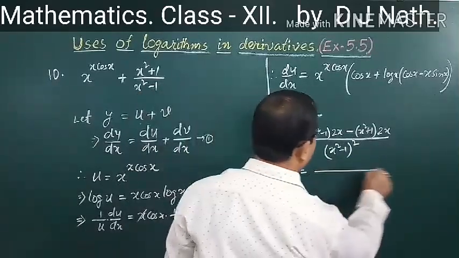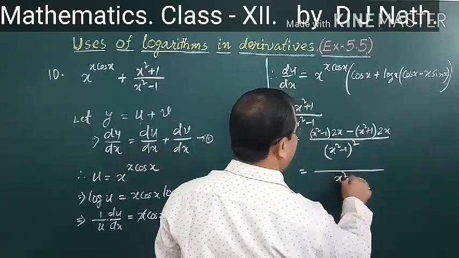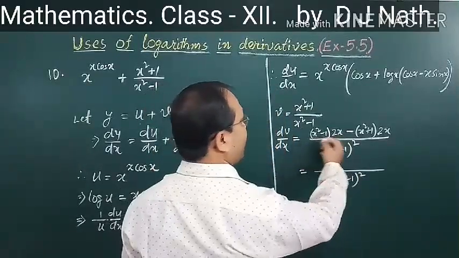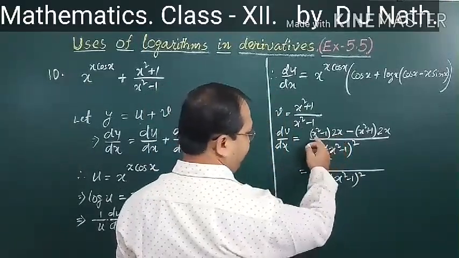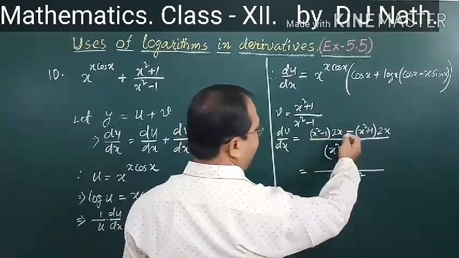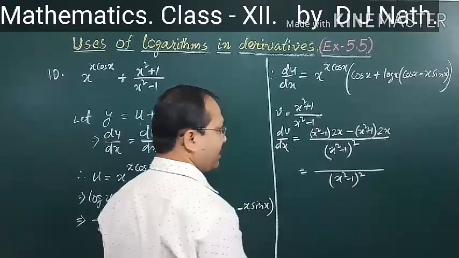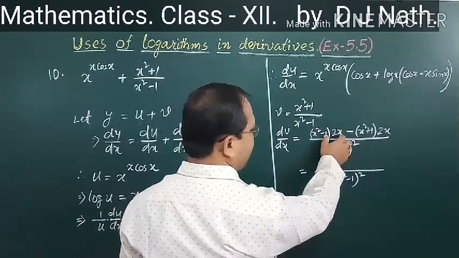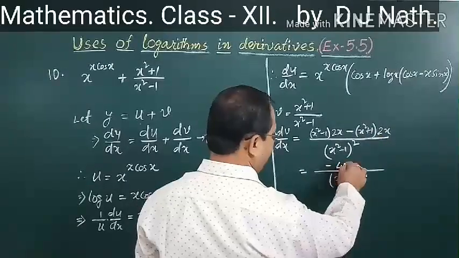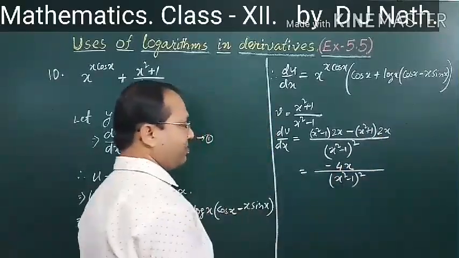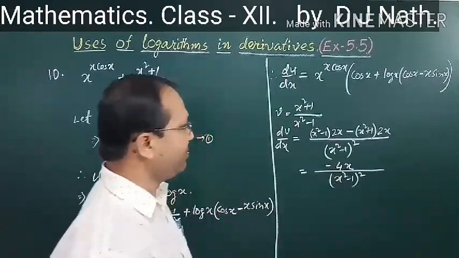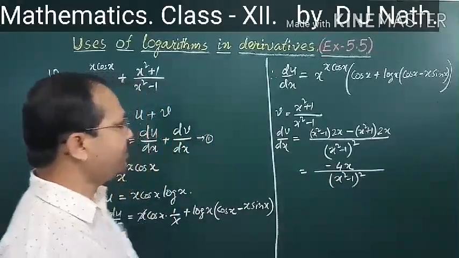The denominator is (x square minus 1) whole square, and in the numerator 2x cube and minus 2x cube get cancelled, minus 2x minus 2x, so minus 4x. So minus 4x by (x square minus 1) whole square will remain as dv/dx.